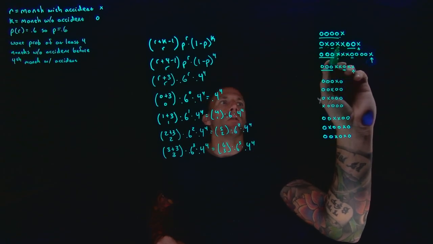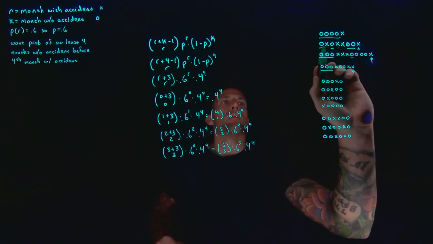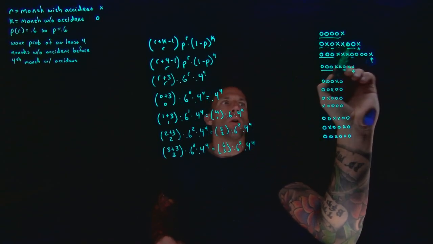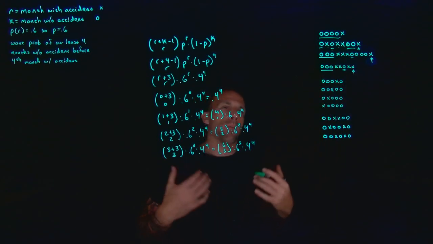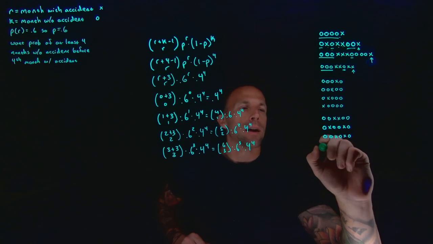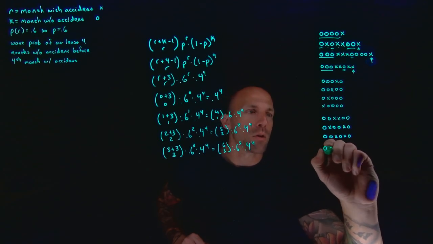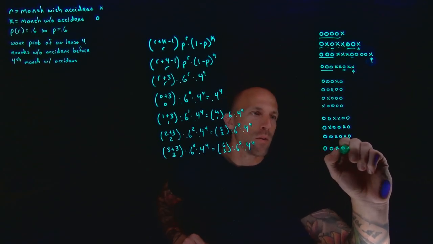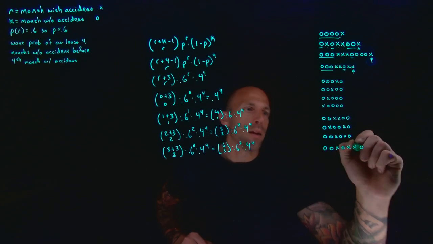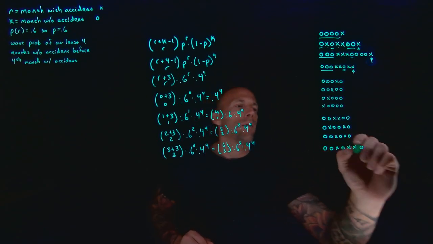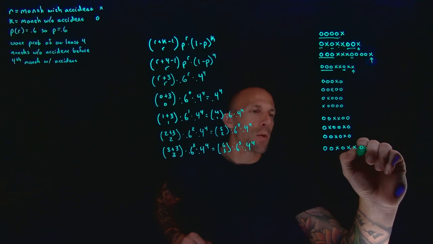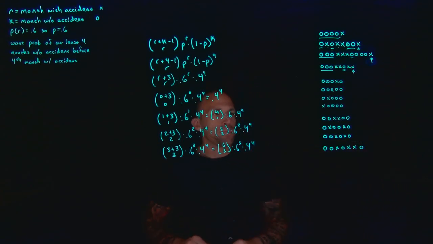We have 1, 2, 3 accident months mixed in with our 4 months without an accident before we got to the 4th month with an accident. Here's another example. Could go like this. As long as we have 3 accidents mixed in with our first 4 without, then we can count that case.